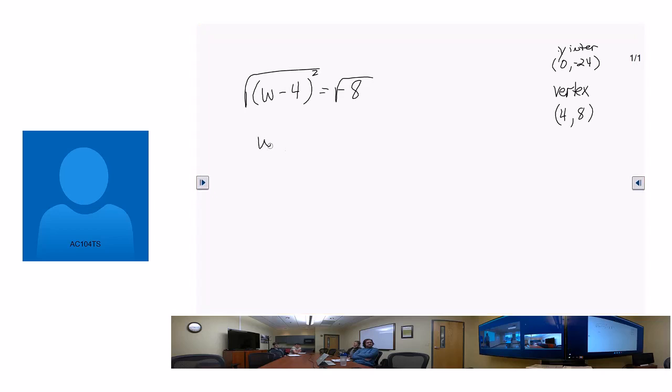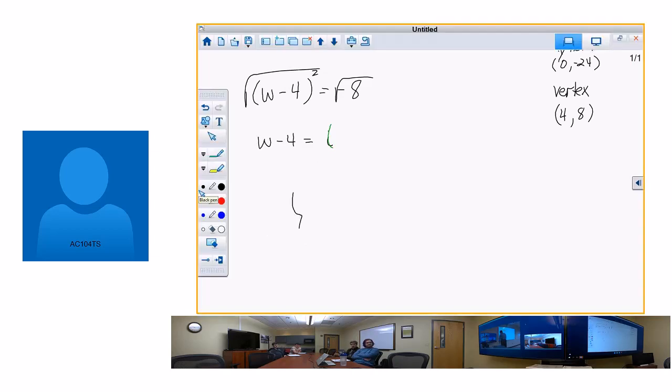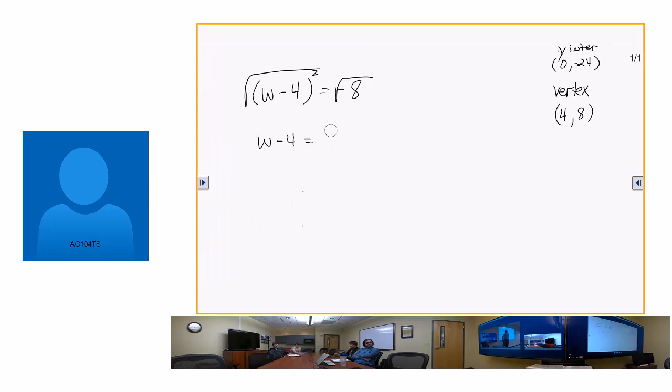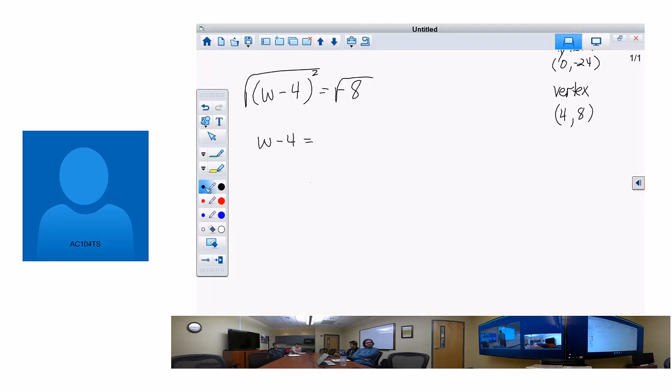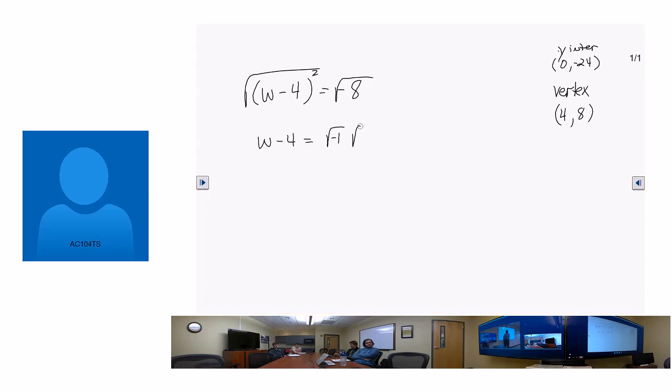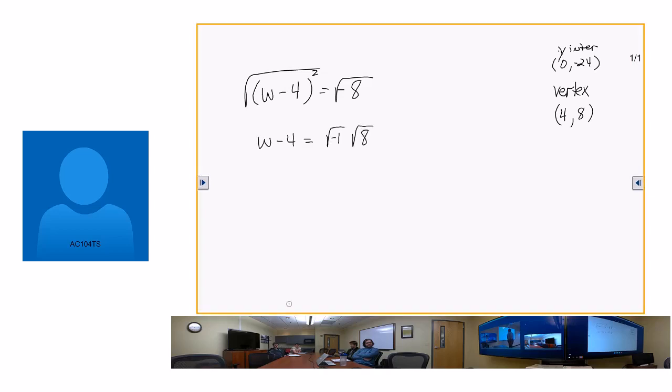W minus 4 is equal to... I'm sorry, I'm going to show you how to really do it. I'm skipping a step and I don't need to do that. The square root of negative 1 times the square root of 8. All right, that's for those of you that haven't had algebra in a while, and this is the first time we're doing this: you have to break it up into the square root of negative 1.